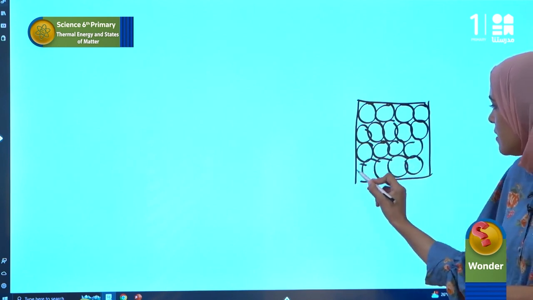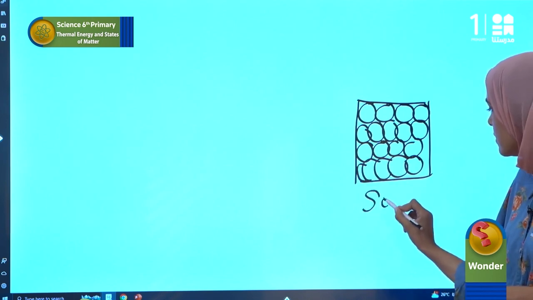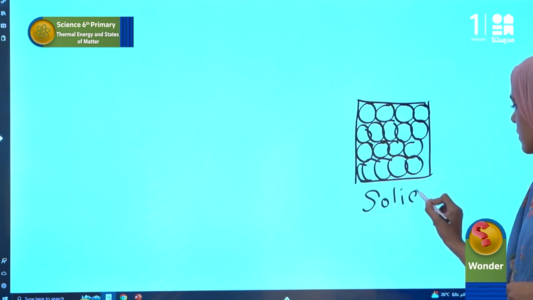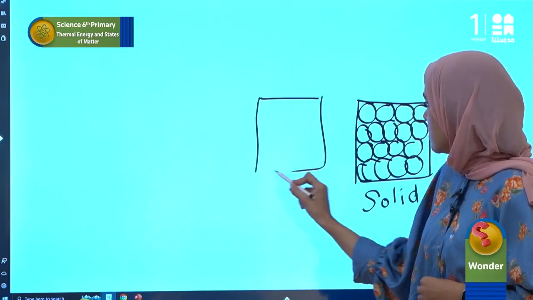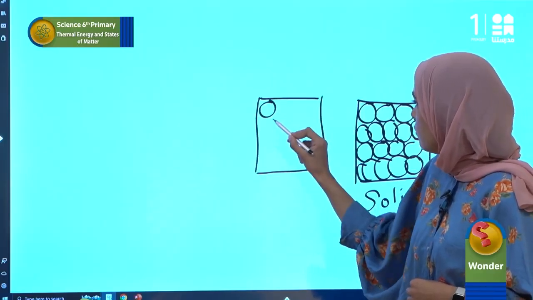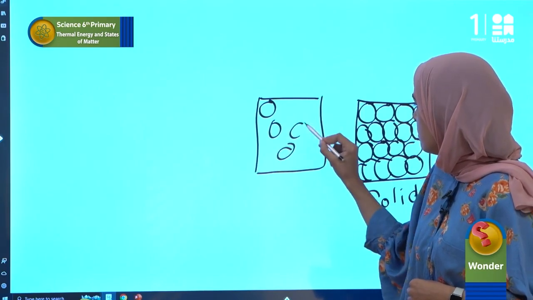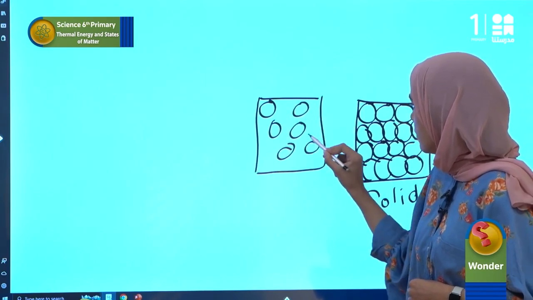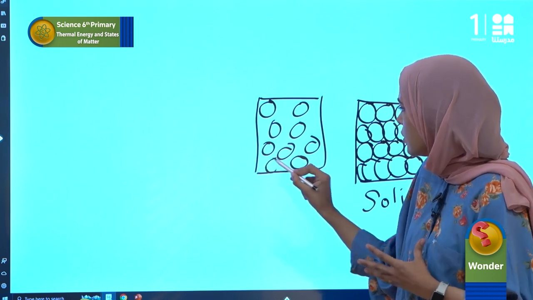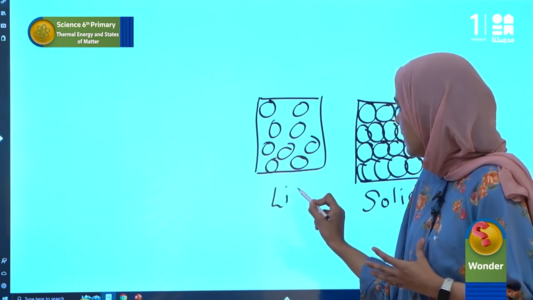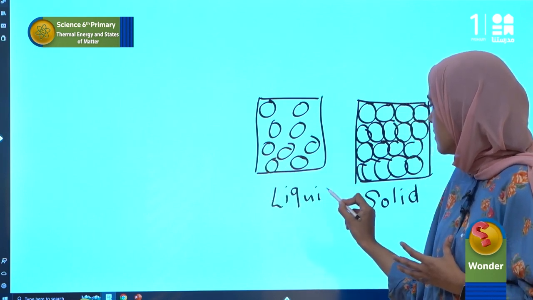So this is the solid matter. Now let's draw liquid state. We know that in liquid state particles have more space between each other. They move more freely than solid. This is the liquid state.